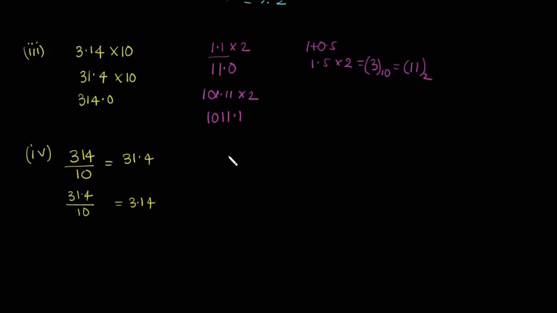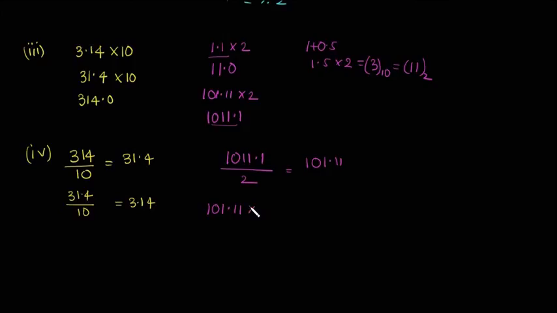Similarly, this goes with the binary number as well. Suppose we have the same number, 1011.1 divided by 2, then it becomes 101.11.